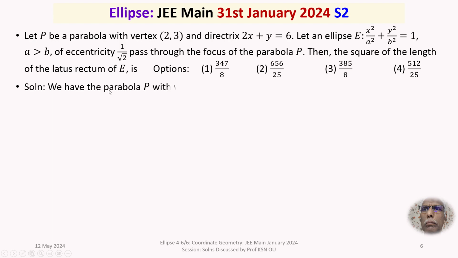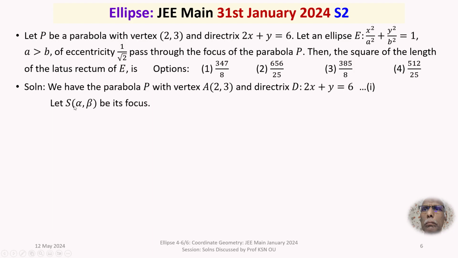We have the parabola denoted by P with vertex at A, whose coordinates are (2, 3), and directrix D, whose equation is 2x + y = 6. Let us denote the directrix equation by 1. Have a diagram.